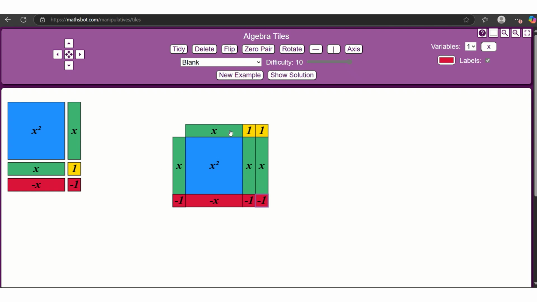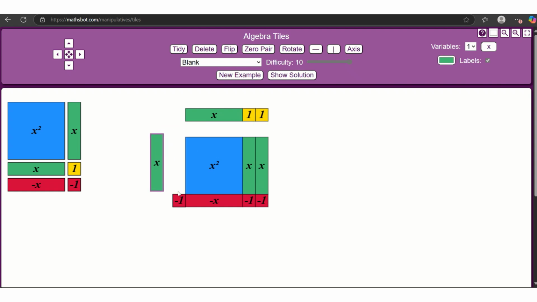So I'm going to break away these dimensions for a moment so we can see what that area is. There's the width or the base of my rectangle, and here's the height of the rectangle right there. And this is the area, which means this should be the product, x plus 2 times x minus 1. So let's take a look at what that is.